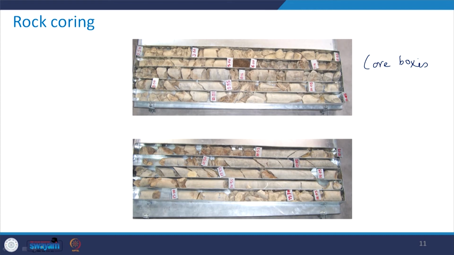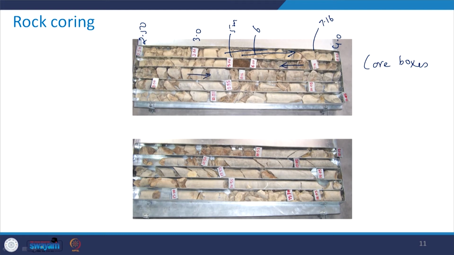See here, this is starting from 2.50, then this is 3 meter, this is 4 meter, and likewise this one is 5 meter, this is 6 meter, this is 7.16. They have arranged it in increasing order of depth in this direction, and then from here to here.